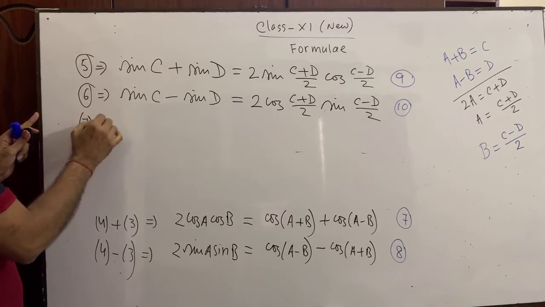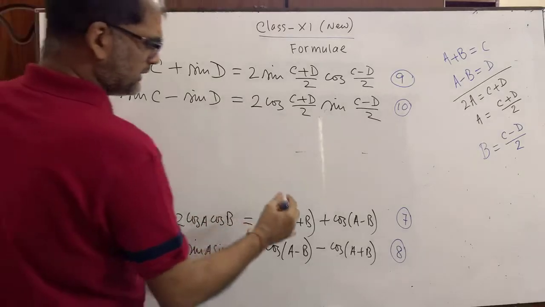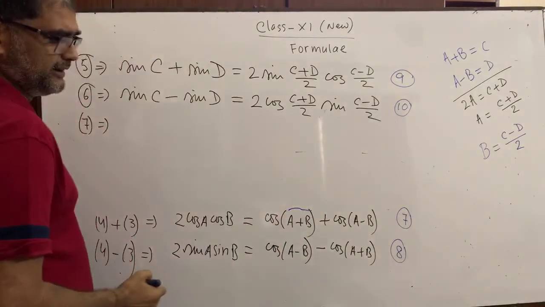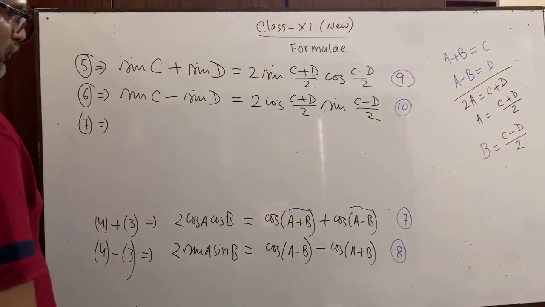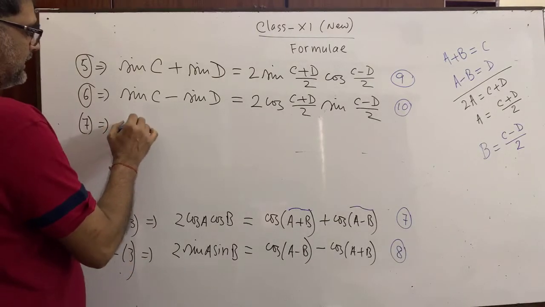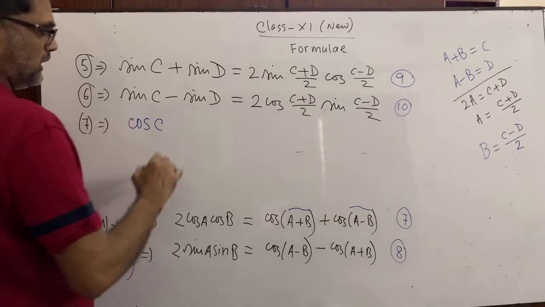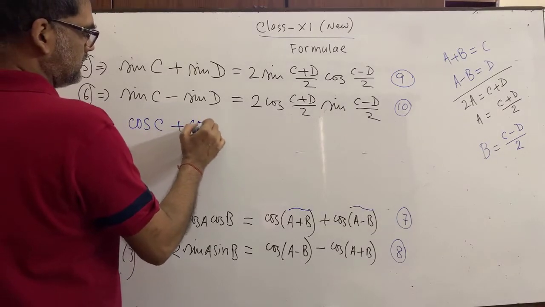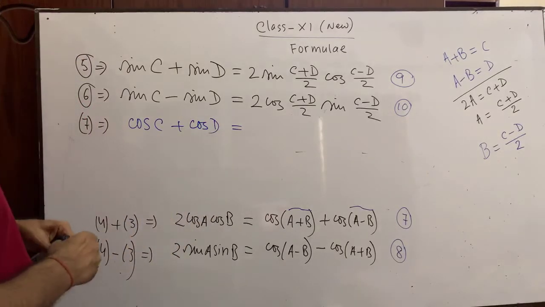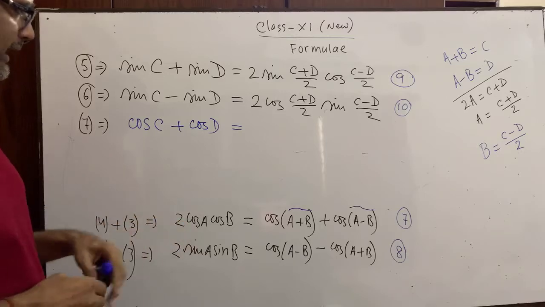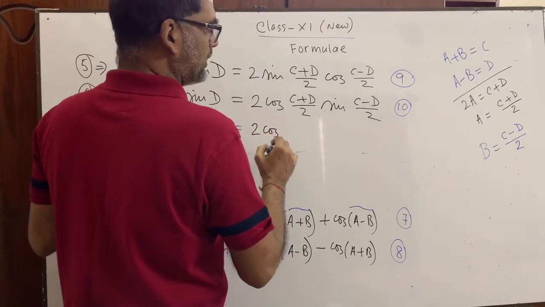From 7 we get, what I told you, it will be considered as C and it will be considered as D. So I can write here cosine C plus cosine D is equal to 2 cosine A, A for what?